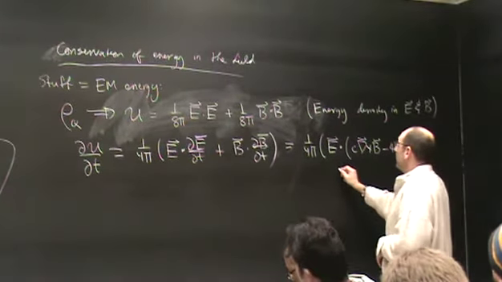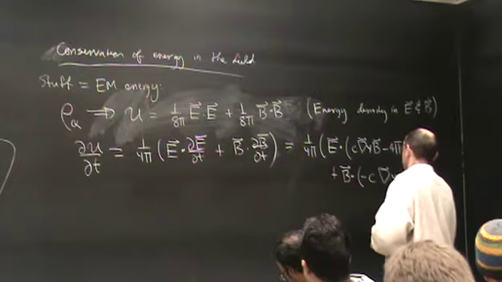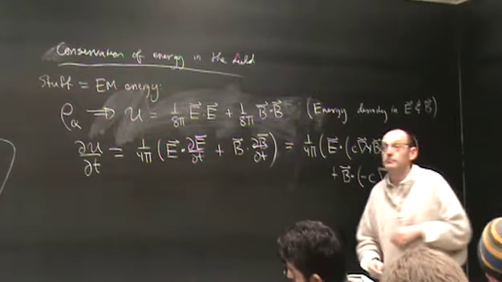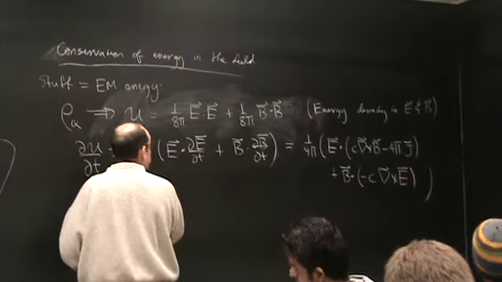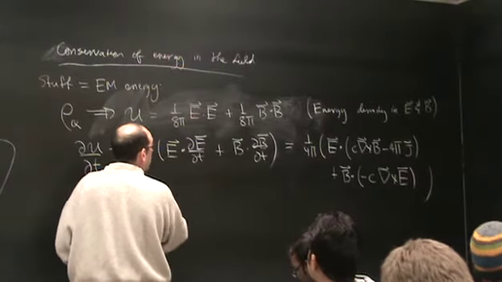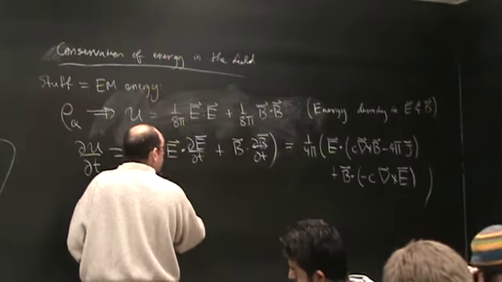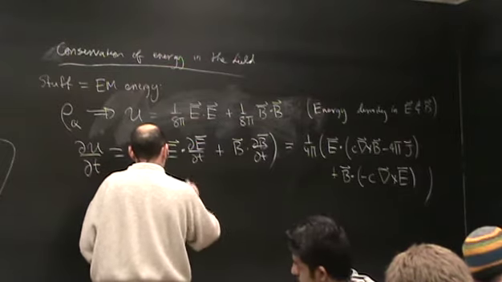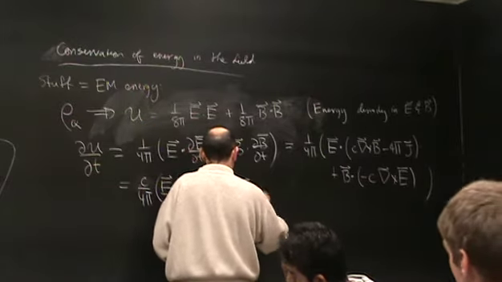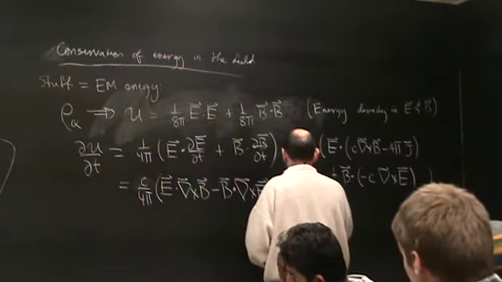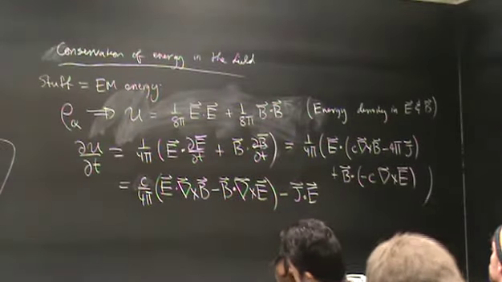And dB/dt is equal to minus c times the curl of E. So what we got here is that this is equal to c over 4 pi, E dot the curl of B minus B dot the curl of E, minus J dot E. And that's equal to this.